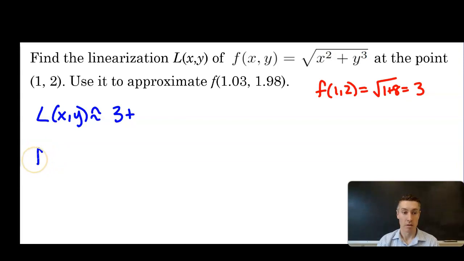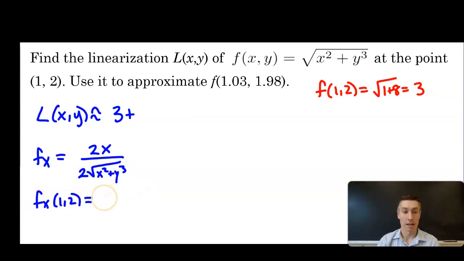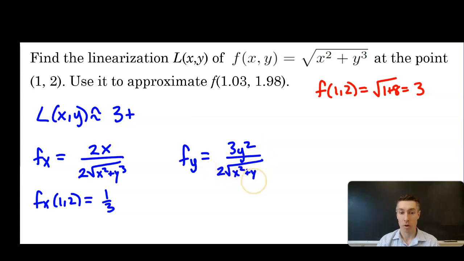So I'll just do that underneath. So partial with respect to x is going to be 2x over 2 square root of x squared plus y cubed. So the partial at 1, 2 is equal to 1 over 3. And let's just find the partial with respect to y while we're at it. So that's 3y squared over 2 square root of x squared plus y cubed.